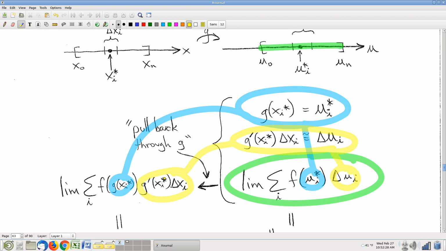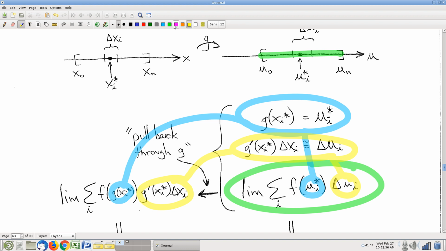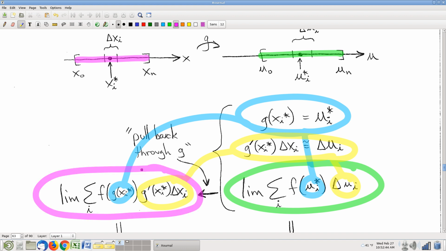Here we started with an integral on the u-axis, namely a Riemann sum, and notice that it has turned into a summation over the corresponding points on the x-axis. Namely, it has turned into an integral.